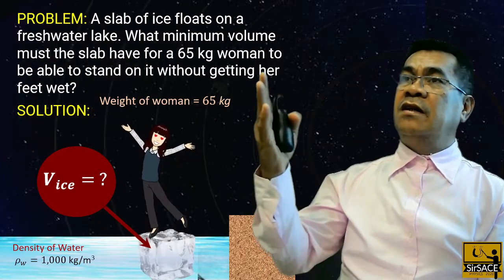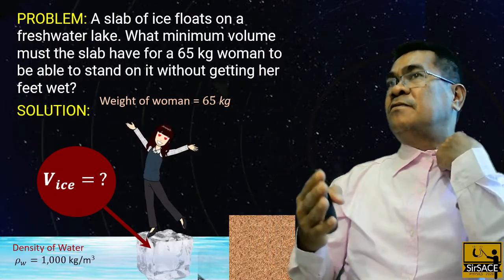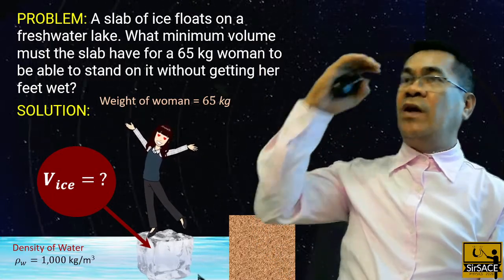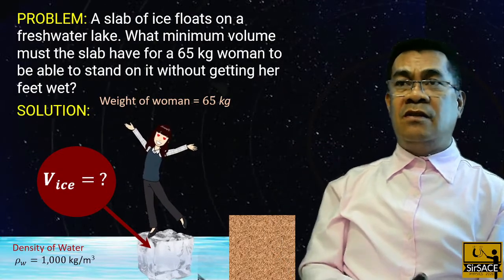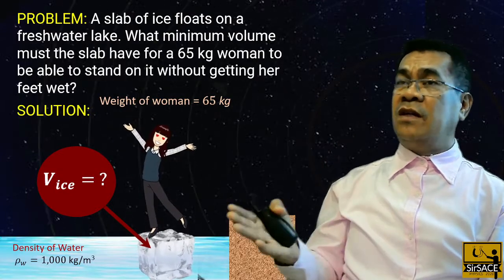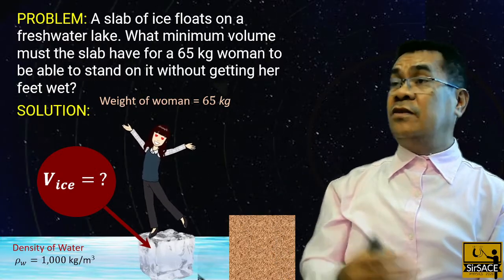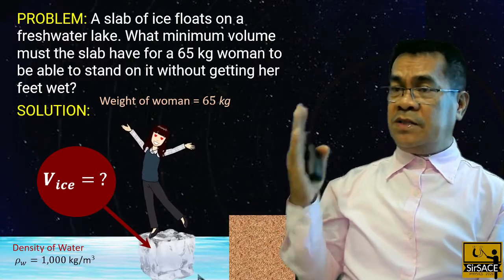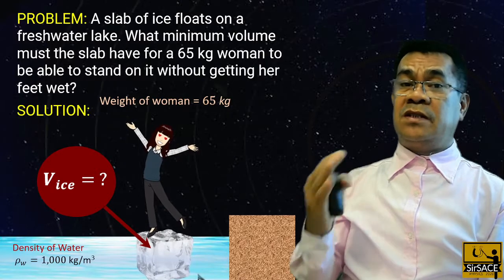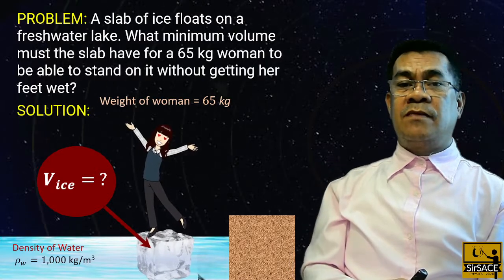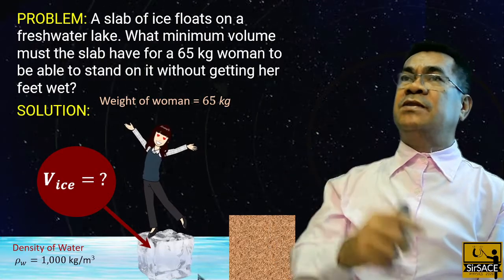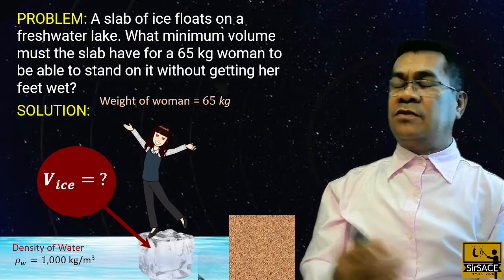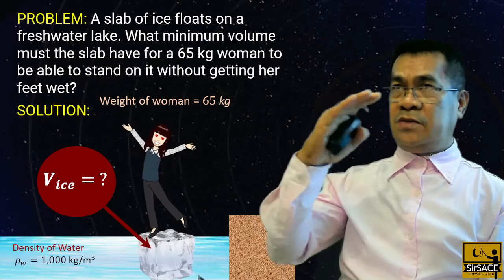That's why we say that oil will float in water, because oil has less density, while the stone will submerge because its specific gravity is greater compared to water. And oil has a lesser specific gravity compared to water. That's why it floats.